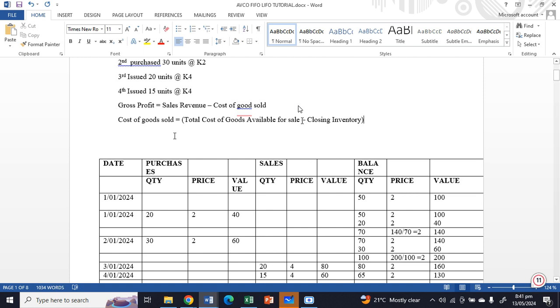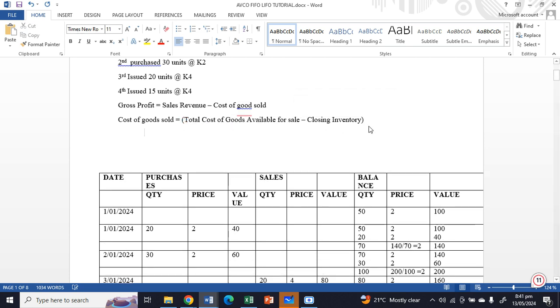All right, that's how we get our cost of goods sold. And in order to get the total cost of goods available for sale, it's the opening inventory plus purchases.